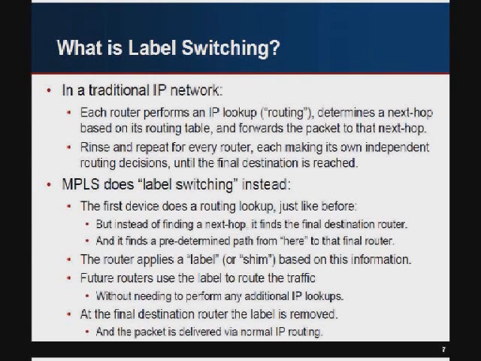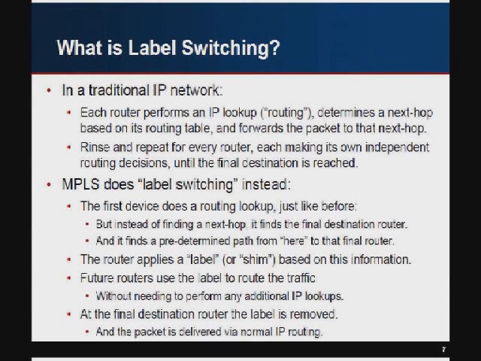What MPLS does is called label switching. The first device does a routing lookup, just like before, but instead of finding the next hop and forwarding it off, you find the final destination router, which everyone knows from the routing table, and this time you slap a tag on the packet.